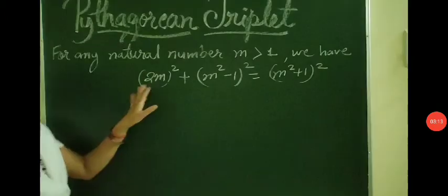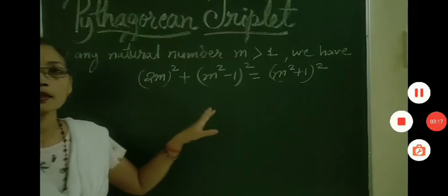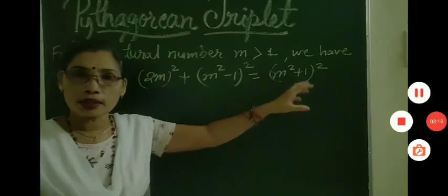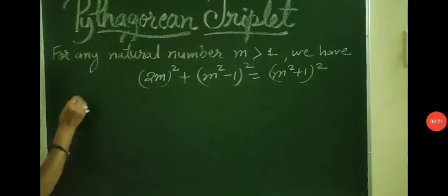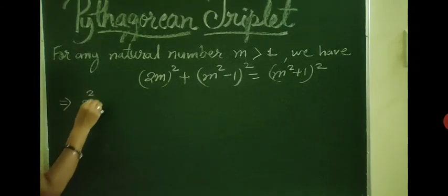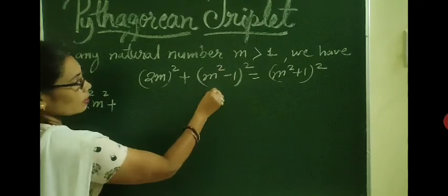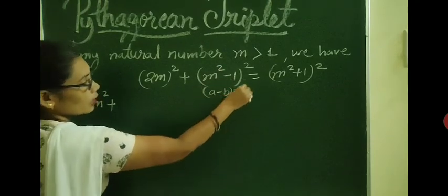Understood? Let us check whether this statement is correct or not. (2m) whole squared means 2 squared m squared, plus (m squared minus 1) whole squared, that is (a minus b) whole squared.